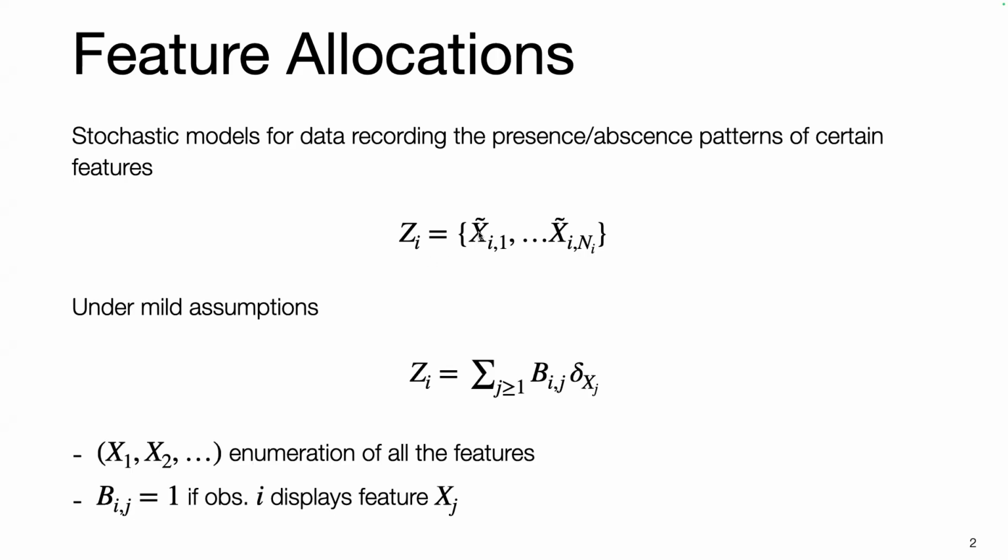And if the space where these x tildes live is not too wild, then we can enumerate them and represent each observation z_i as a counting measure supported over all the possible features, where these binary indicator variables are equal to 1 if observation i displays feature j and 0 otherwise.